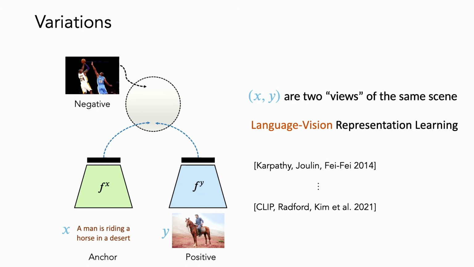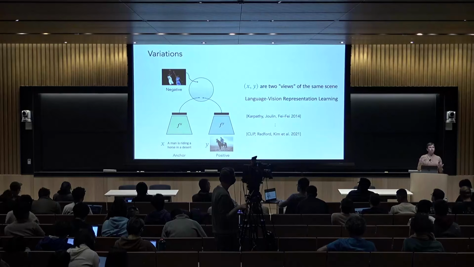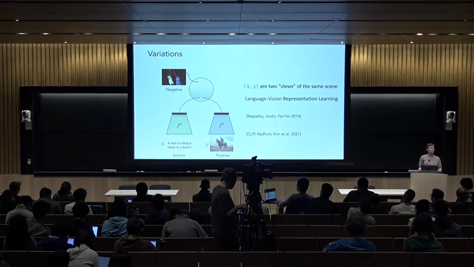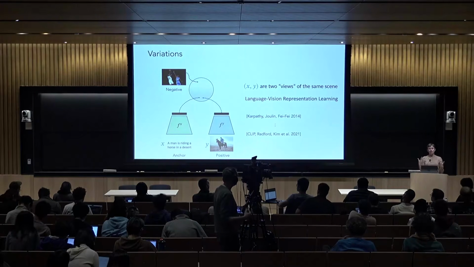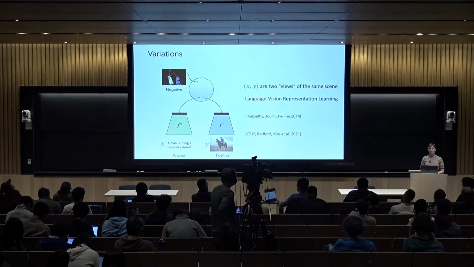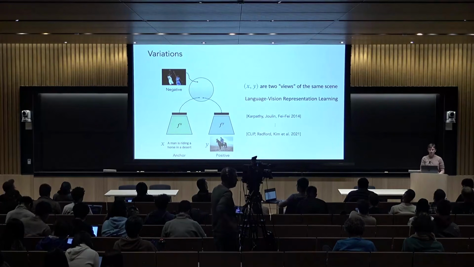You have the text description of an image and the image itself. You try to push those together, and you try to push them far away from an image that doesn't match that text description. So there's a lot of ways of getting this self-supervised signal, and a lot of modern work really is just people coming up with creative ways to supervise models without requiring labels, because handcrafted, human-generated labels are very expensive.